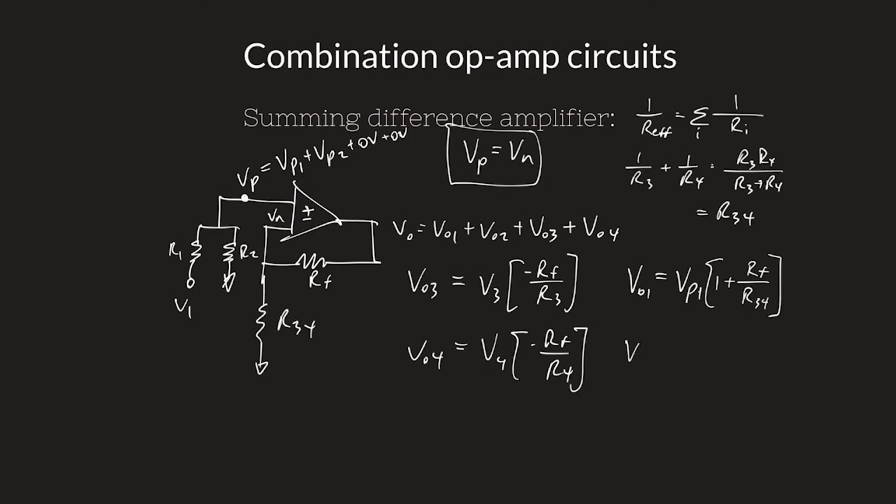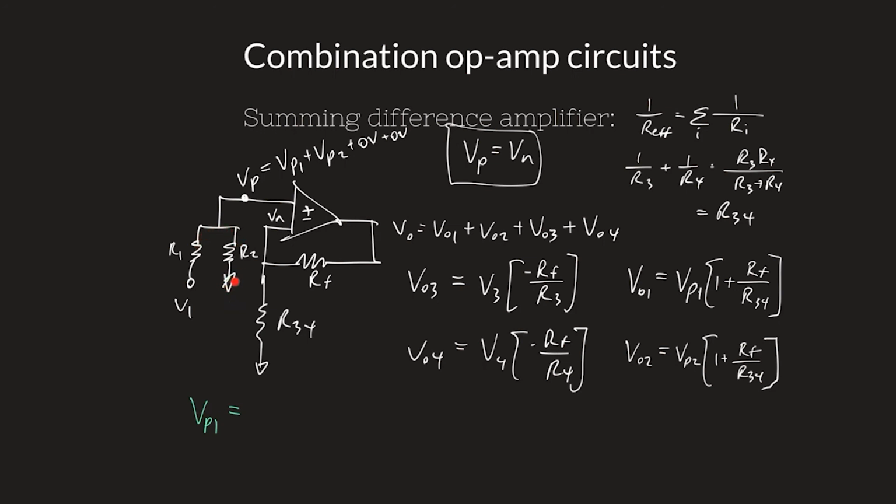Then V out 2 is due to the source on the 2, and that's going to be the same exact gain term. Notice that these are identical gain terms, but the VP1 and VP2 are different. So what are these VP1 and VP2? V1 is a source that gives us the highest potential here, and then we drop potential across here, and then we drop more down to ground here.